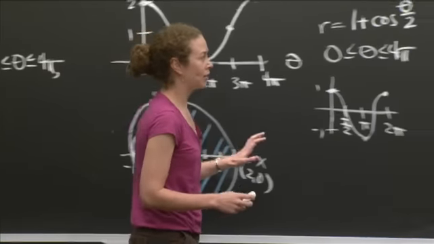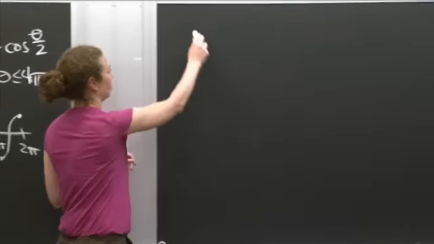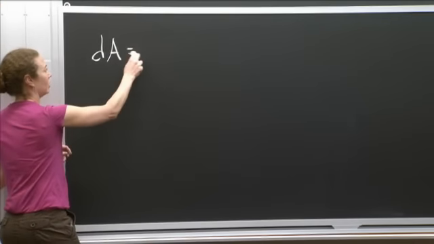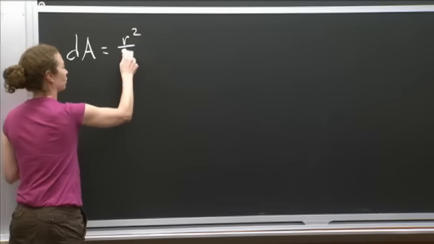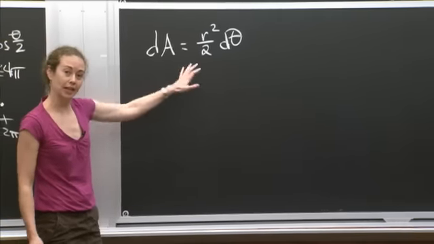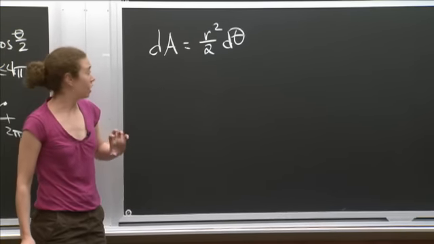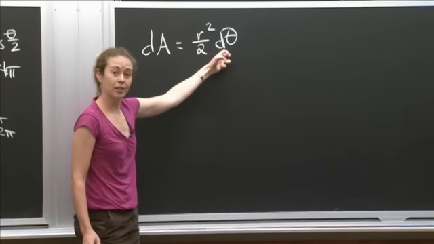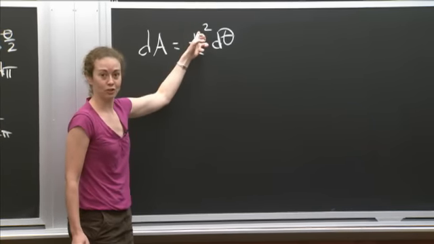Just to remind you, what you saw in lecture was that dA is equal to r squared over 2 d theta. That's what dA is. And so this is going to be an integral in theta, and we know what r is as a function of theta.